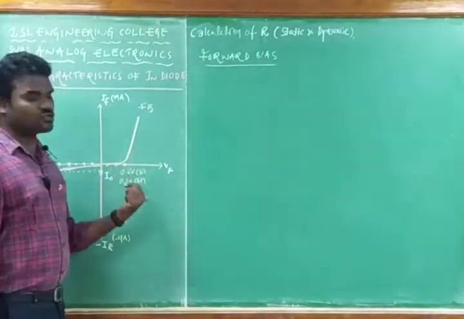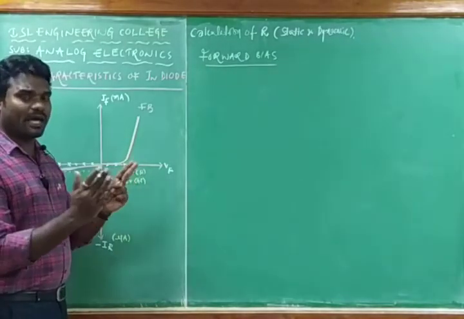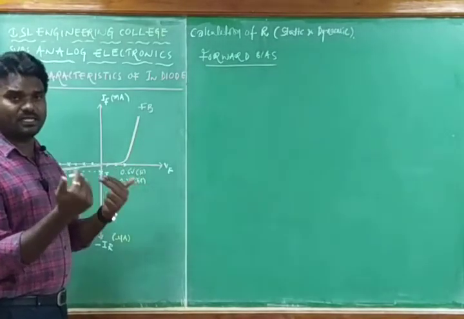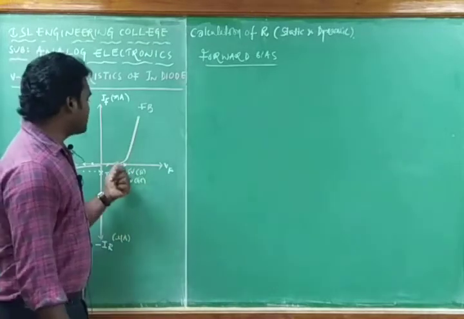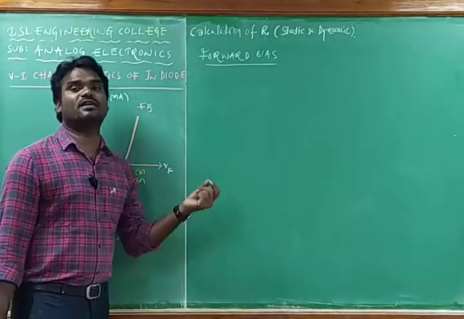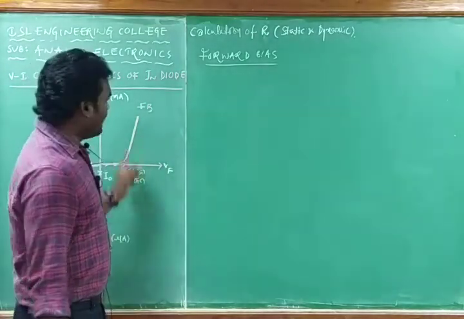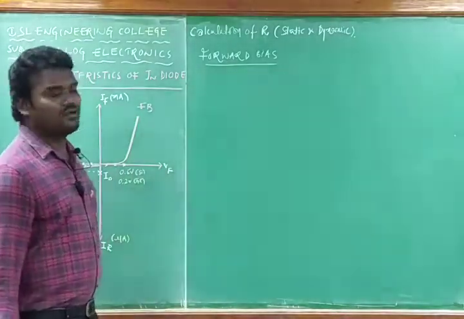Up to 0.6 there is no current. When it reaches 0.6, the barrier disappears, it is vanished, and the diode is ready for current conduction. Hereafter, even if you apply a very small amount of voltage, it conducts current. And this is the forward bias VI characteristics.